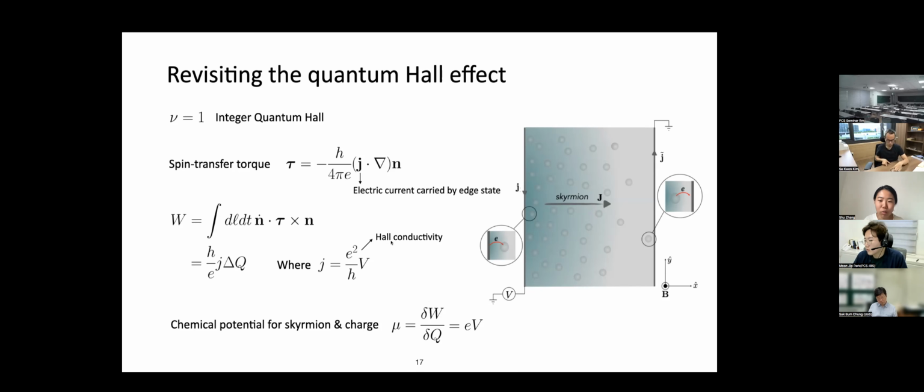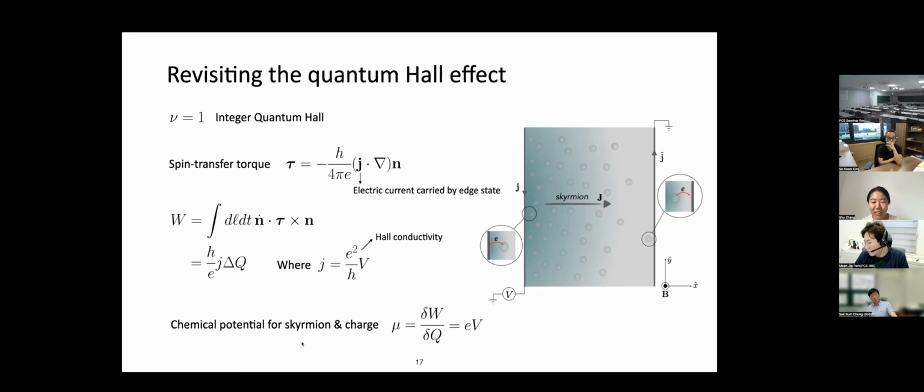And because we know the Hall conductivity, which gives the proportionality between the voltage at this edge and the electric current, we can plug this current in. And the work is exactly electric charge times the voltage. So what we were looking for in the beginning is a chemical potential for skyrmion injection.